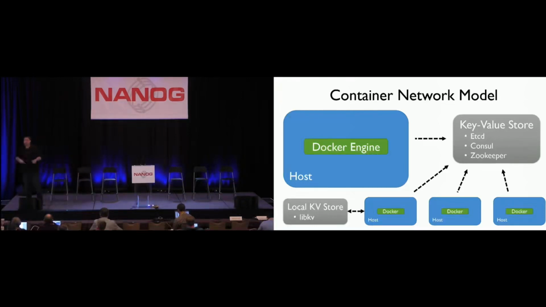At the same time, when you inspect a network from a host in a cluster, the other benefit you get is you see all the IP addresses that were assigned to all the hosts that are connected to that key value store.